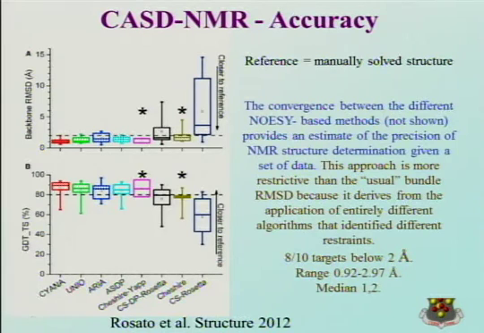And these other programs here, they just compute on the basis of chemical shift predictions alone. So they do some fragment picking from the database, and then they recombine different fragments in order to maximize agreement with chemical shifts. And you see they do very badly.